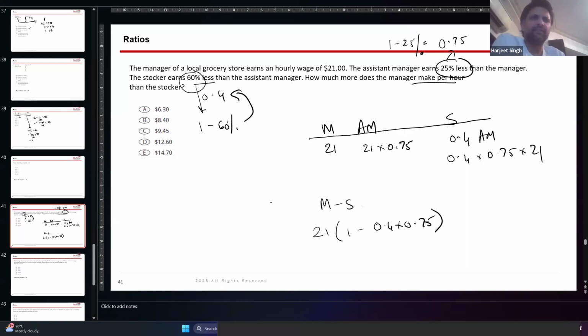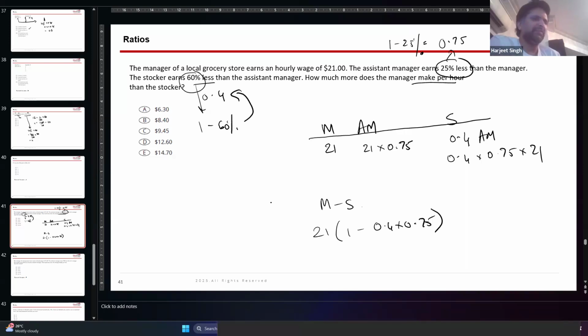So what's the answer? 12.6. Okay. Are you getting 12.6? I'm getting 12.3 in the calculator, but... Sure.